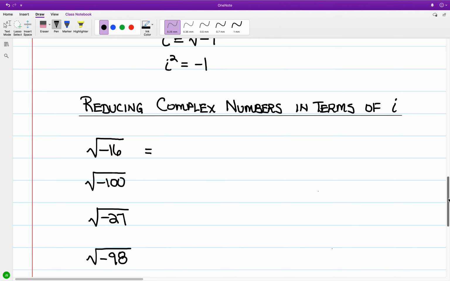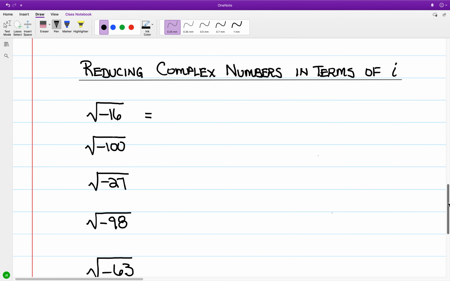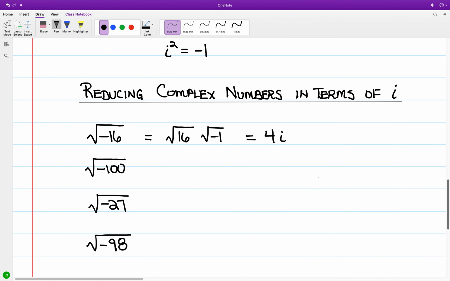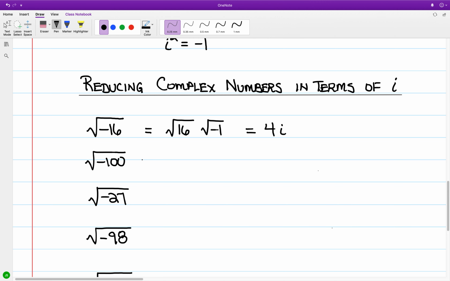I can say that I have the square root of 16 times the square root of -1. Square root of 16 is 4, and once again the square root of -1 is in reference to i. So the square root of -16 is going to end up at 4i.